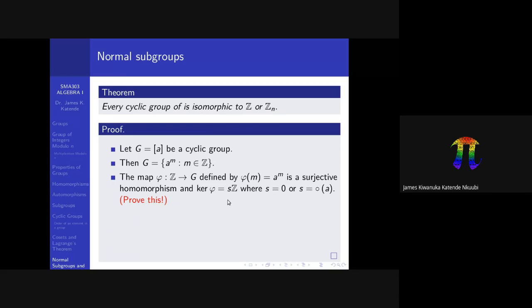Now, if A is not of finite order, rather if G is an infinite cyclic group, then the kernel will be only 0, right? And if the kernel is only 0, then this map is injective.